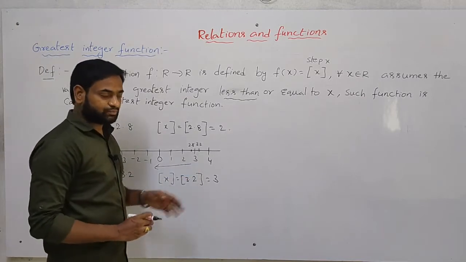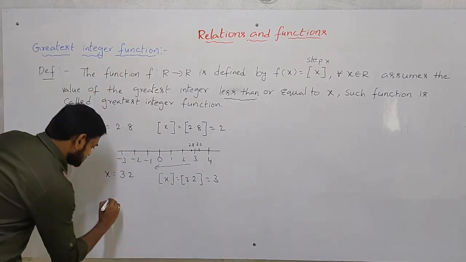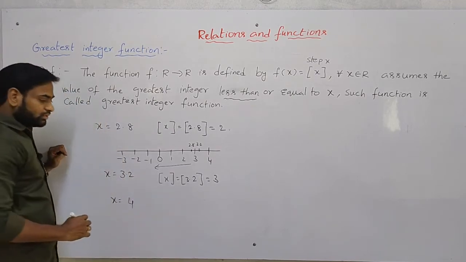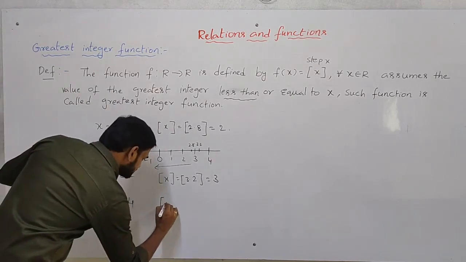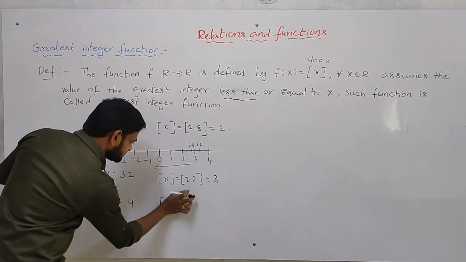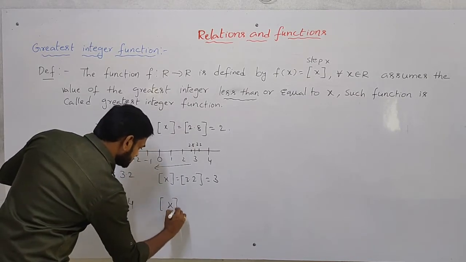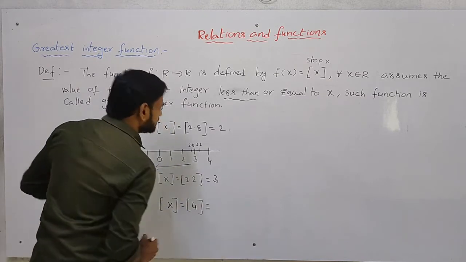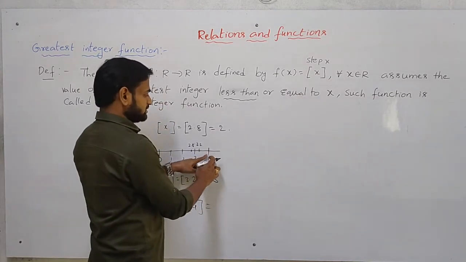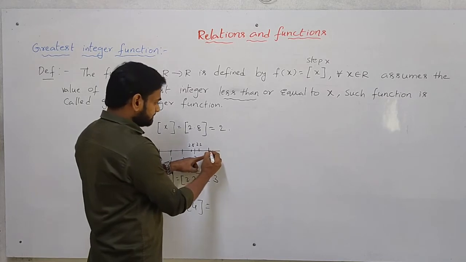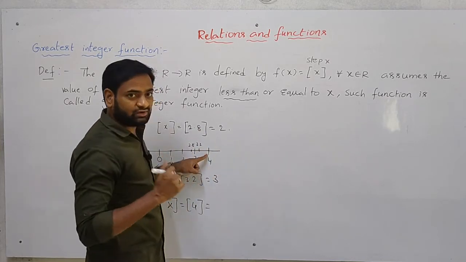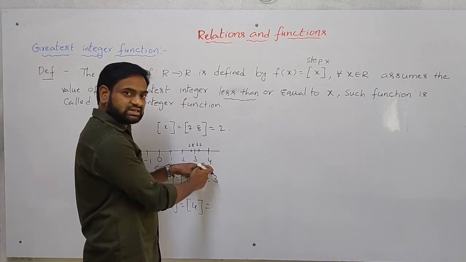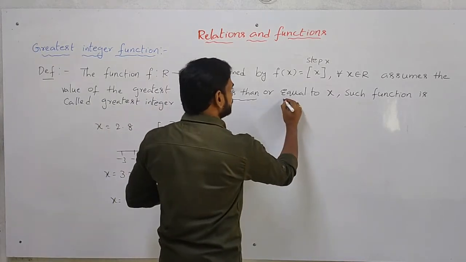Is it clear? Now suppose x equal to 4. What is the step x value? Step of x is equal to step of 4. So 4 is here. Now you will get equal. 4 is an integer, so now you will get equal to x.